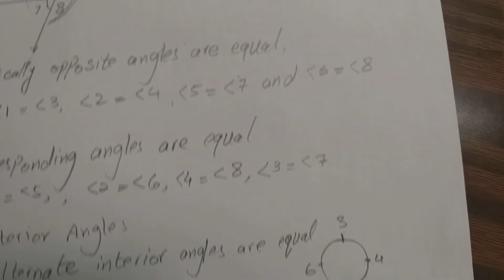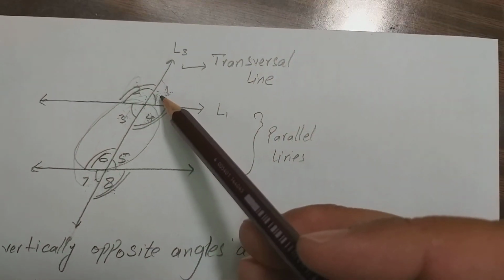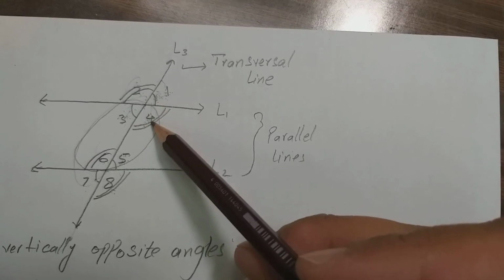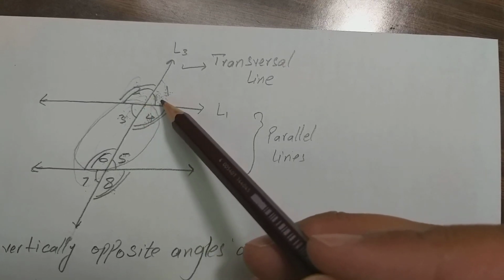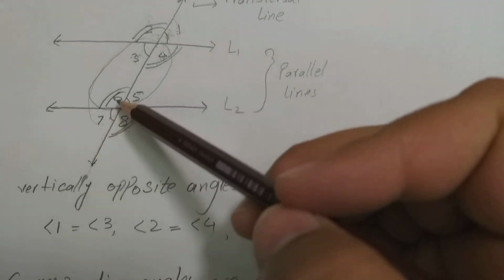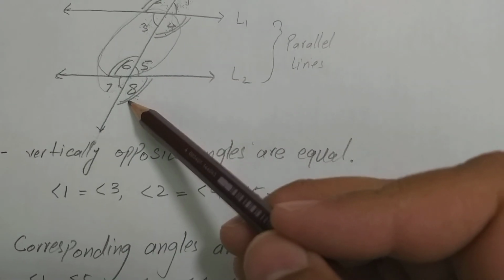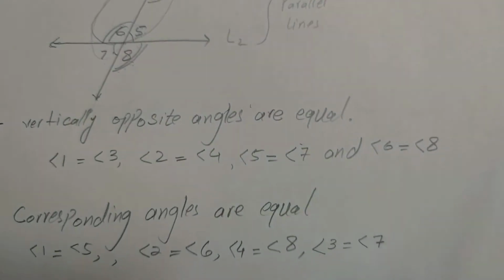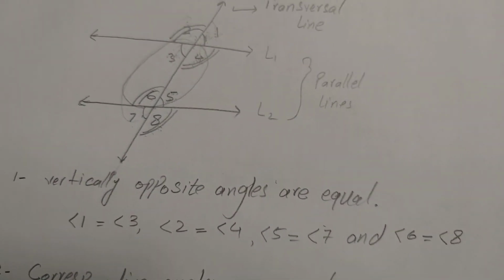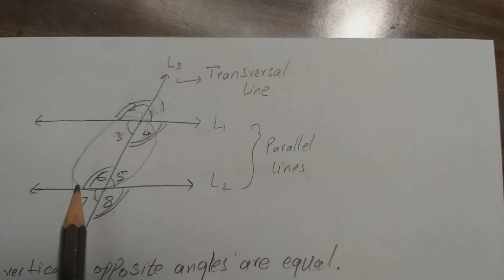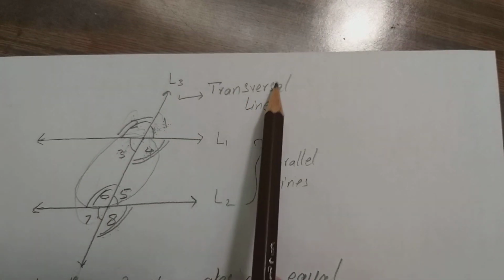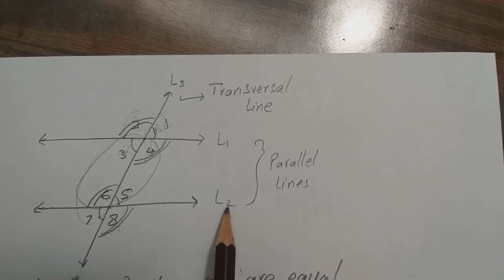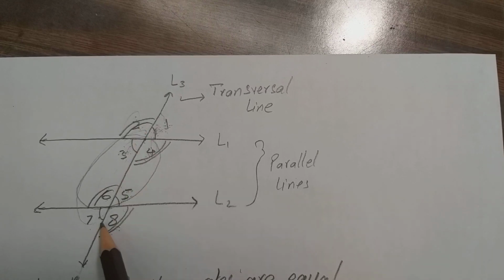If we add the rest of the angles, they also give us 180. Like 1 adjacent 4, and 6 adjacent 7, 5 adjacent 8 on a straight line. Angles on a straight line add up to 180. So in this topic we learned about the transversal line cutting two parallel lines and making some angles.